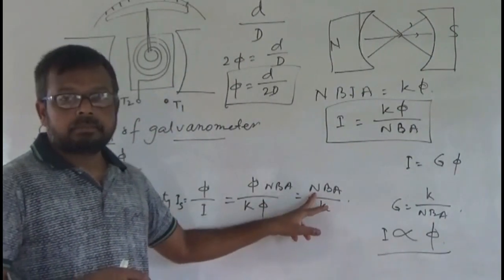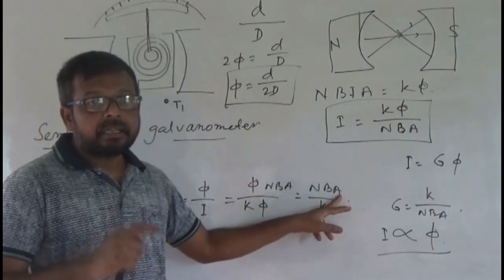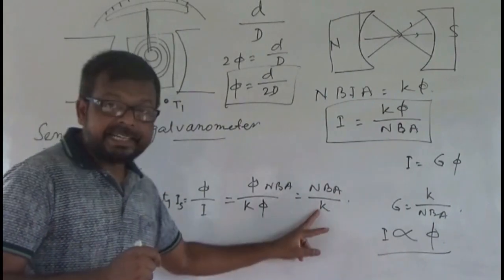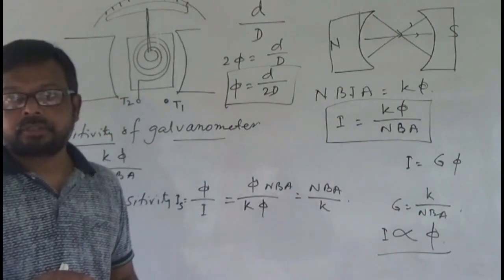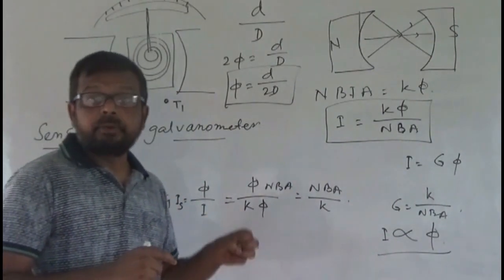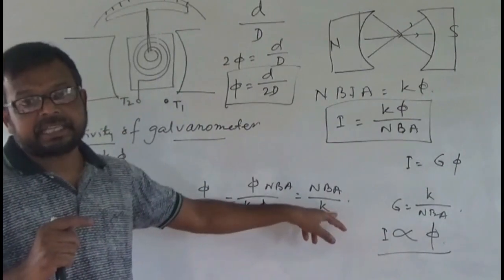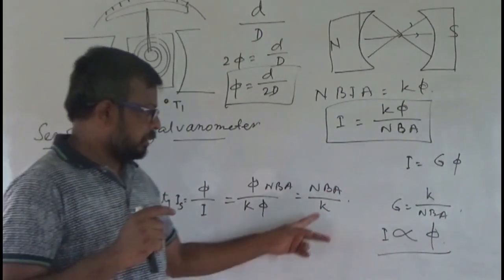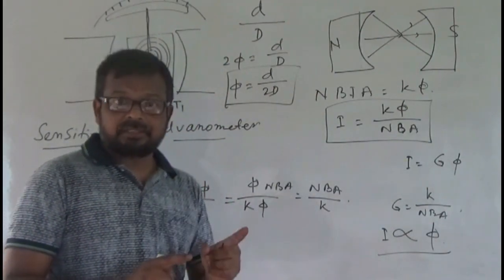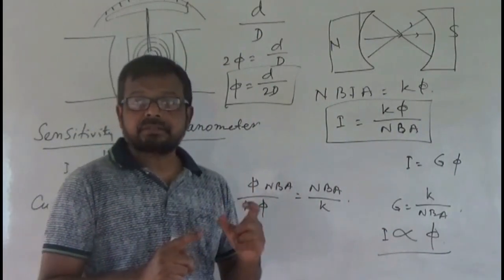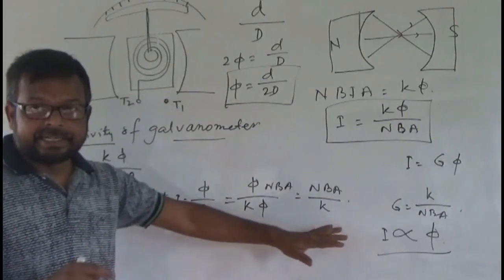By increasing the number of turns of the coil, by increasing the area of the coil, and by decreasing the restoring torque per unit twist, that is, by decreasing the restoring force constant. Restoring force constant is K. Is it clear? That's why we are using the phosphor bronze thread, which has the low restoring force as well as it is conducting. This is the current sensitivity.